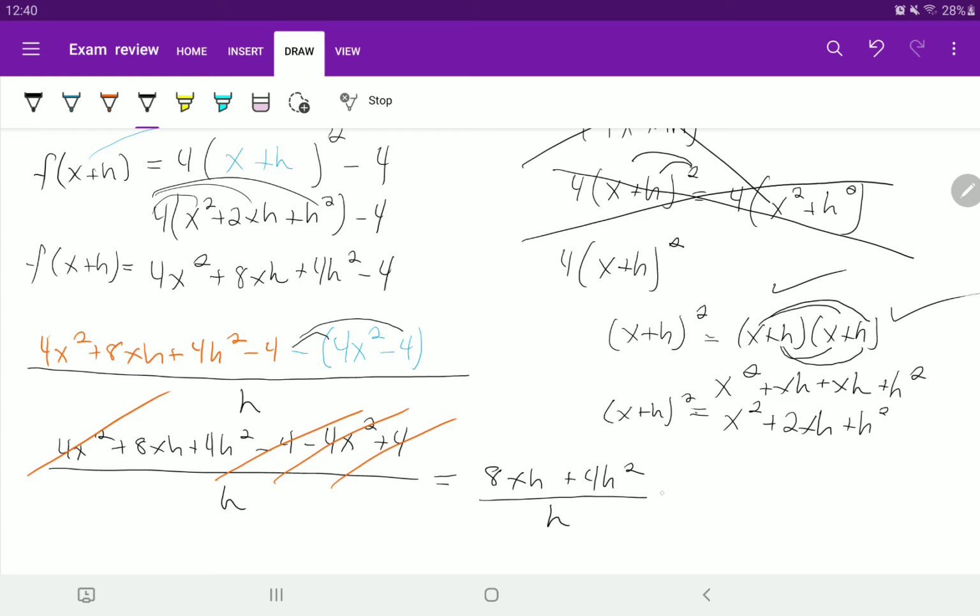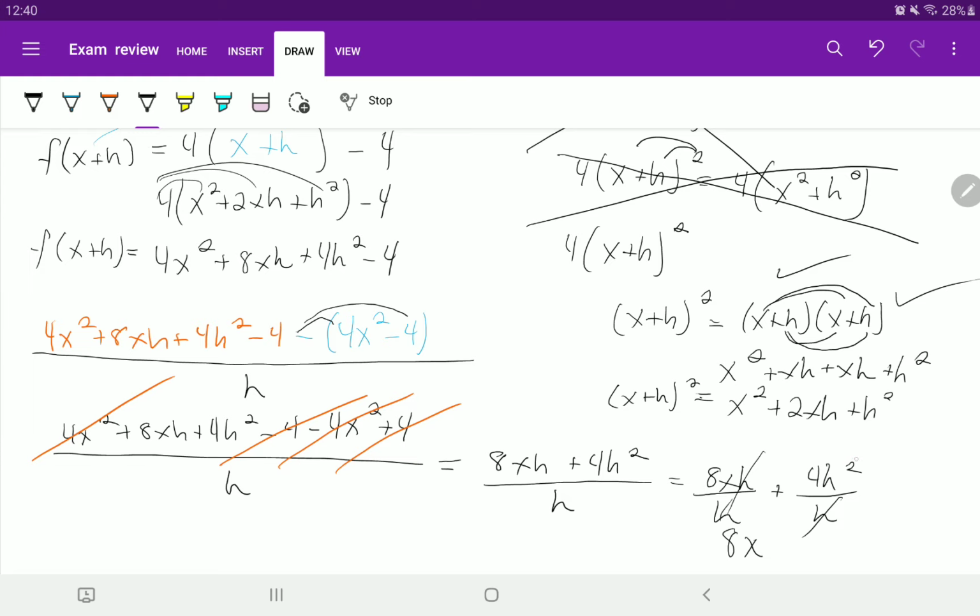What we can do is break that into two different fractions: 8xh over h plus 4h squared over h. In the first term, the h's simplify each other out, so I'm left with 8x. Get rid of 1 h in my denominator and 1 h in my numerator. Plus 4h. And that is the answer to the question. That is your difference quotient.